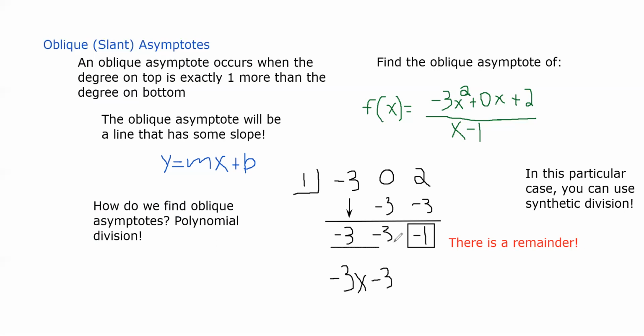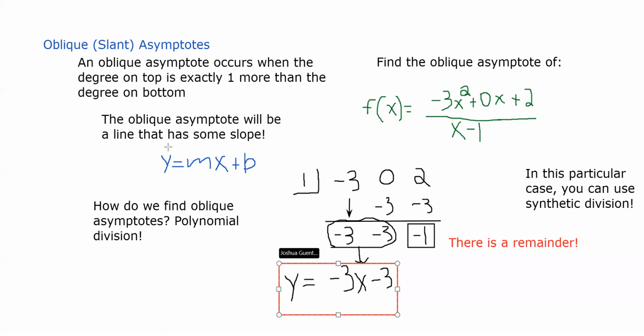If you just take these here and translate them into this. The remainder does not become one of the coefficients. We ignore it. Well, guess what? This is your oblique asymptote. Ta-da!